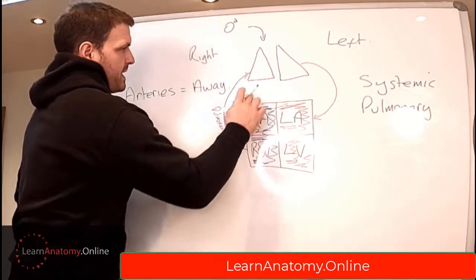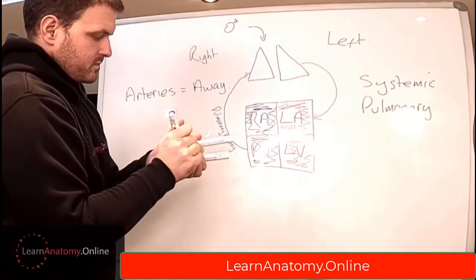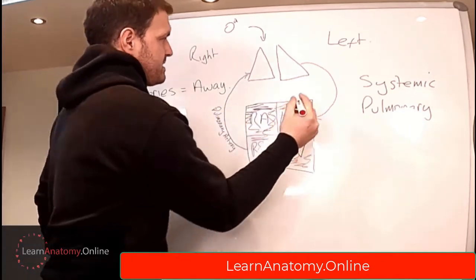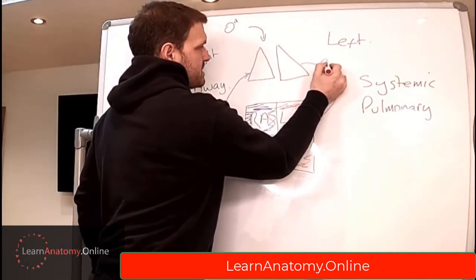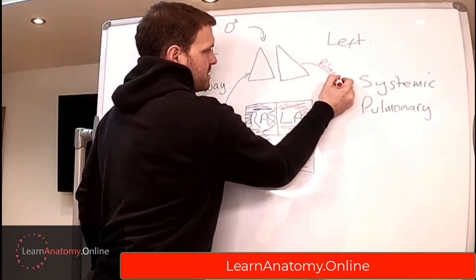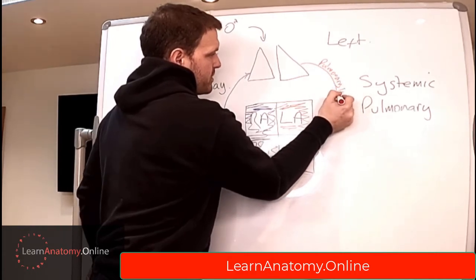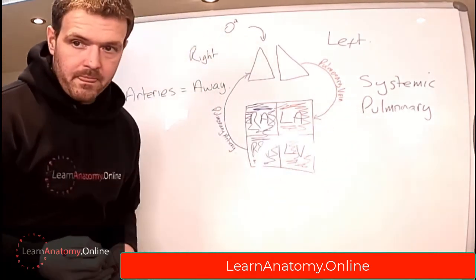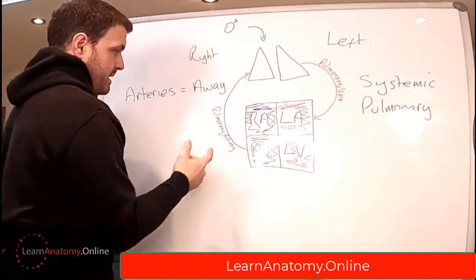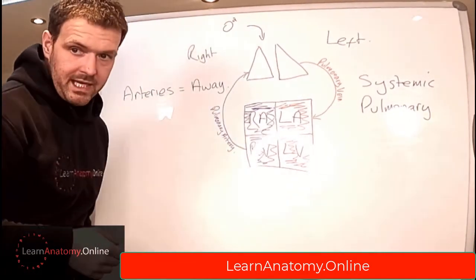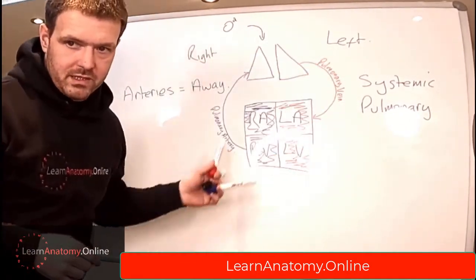Okay, and then this one here has to be a vein because it's coming back in, and because it's to do with the lungs, we've got your pulmonary vein. Okay, so arteries away, veins coming back in, and that's your pulmonary circuit.